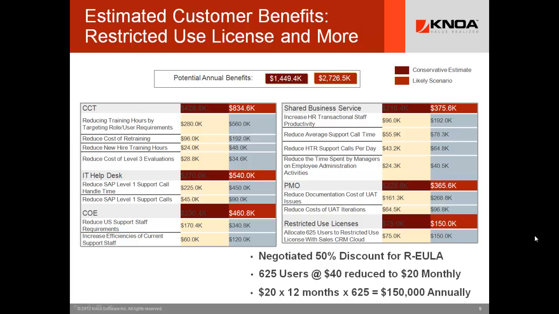And in this case, out of 6,000 users, we estimated 625 might have a restricted use license for a sales CRM cloud.